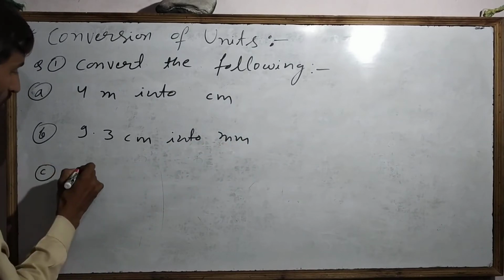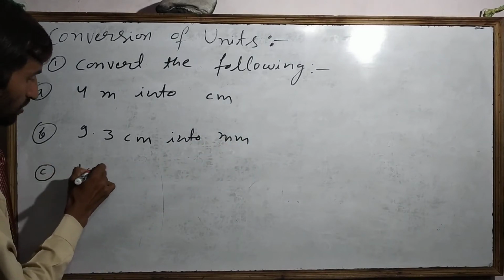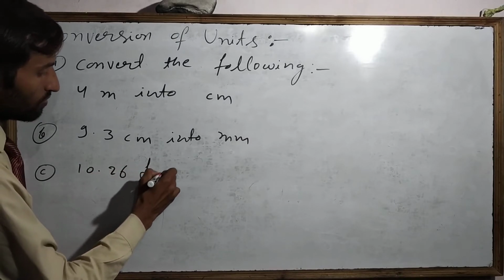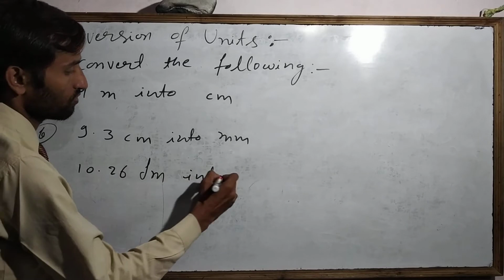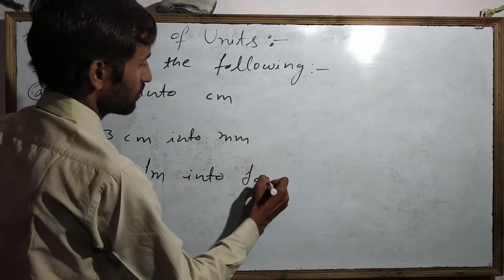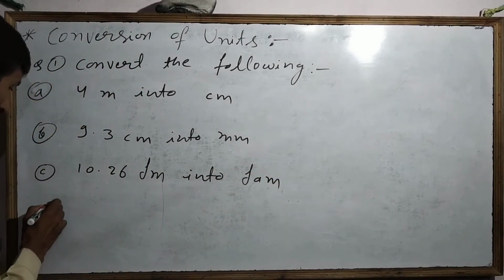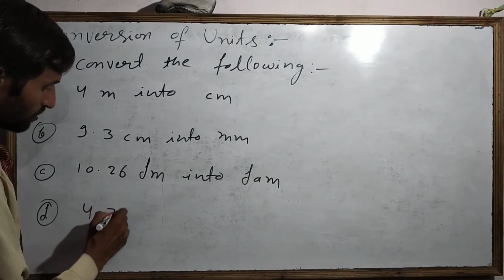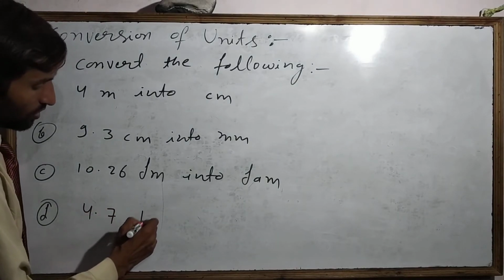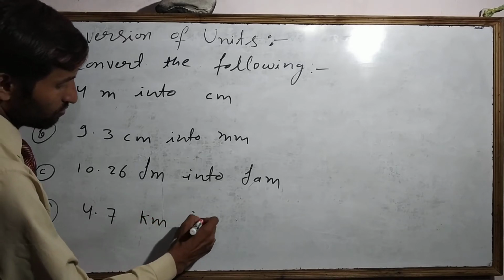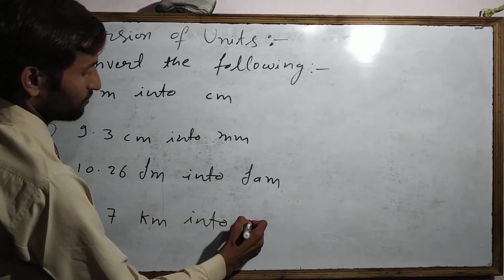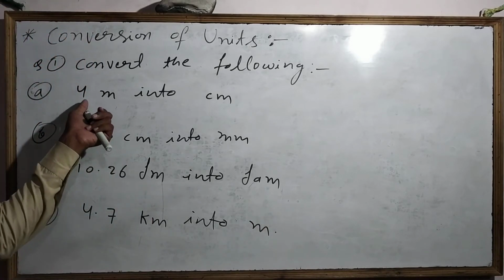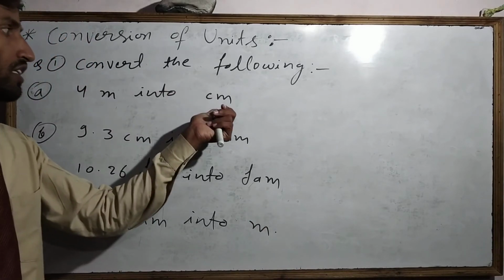C: 10.26 decimeter into decameter. D: 4.7 kilometer into meter. Okay, just see, we have to convert meter into centimeter.